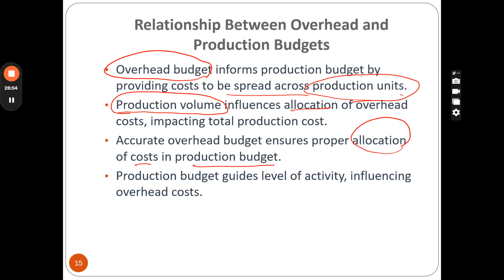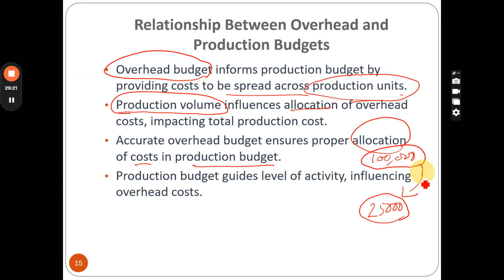So we can say we are anticipating $100,000 of manufacturing overhead, and this is the overhead I need to allocate to the 25,000 units I am going to produce.